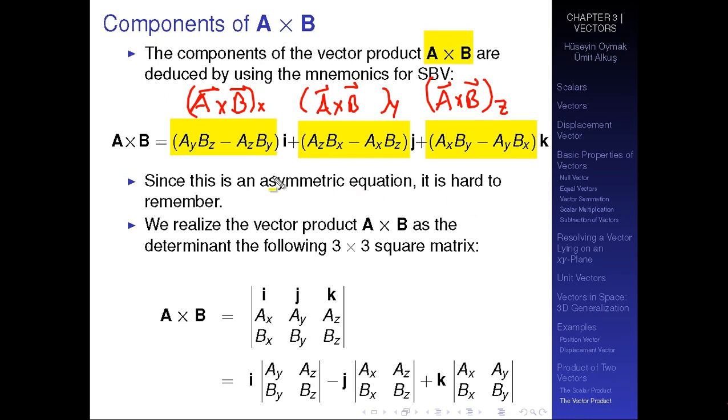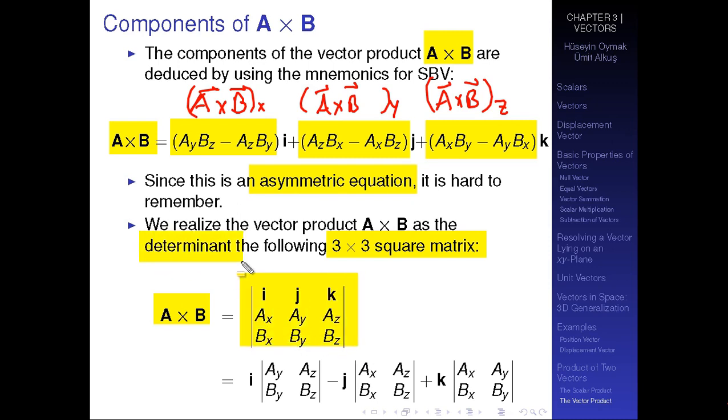If we have a closer look at this equation and recall the evaluation of a 3×3 square matrix, we realize that the vector product A × B with its components can easily be deduced from this determinant.